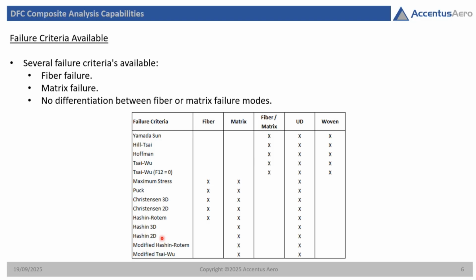So this is how we've divided the criteria. And for UD, you can use any one of these to do a UD failure analysis. If you've got woven fabric, then you are limited to the failure criteria listed there. Again, we have several of these available in DFC.